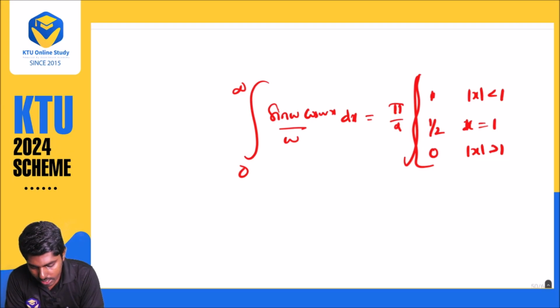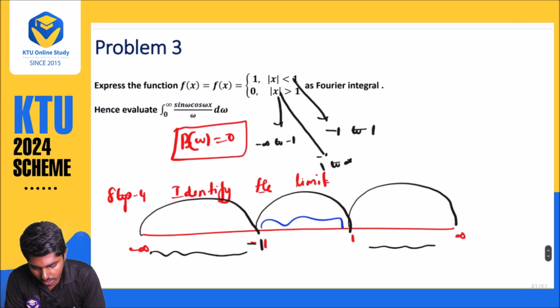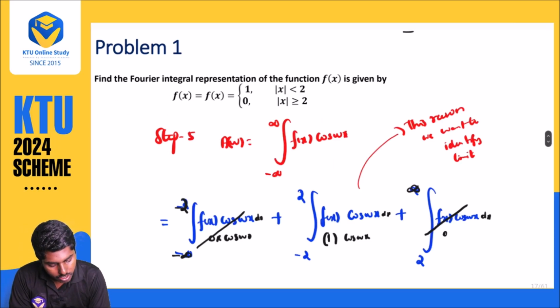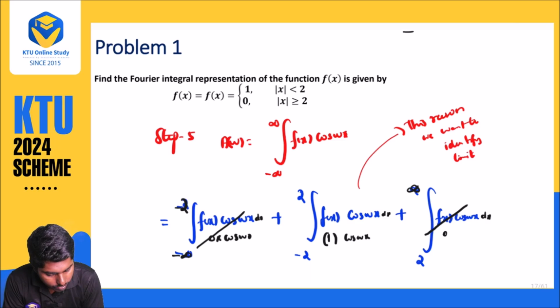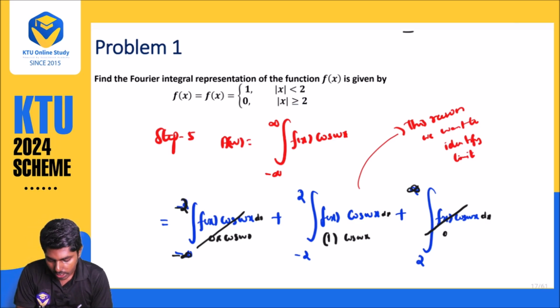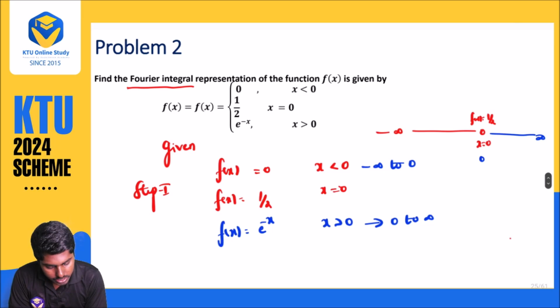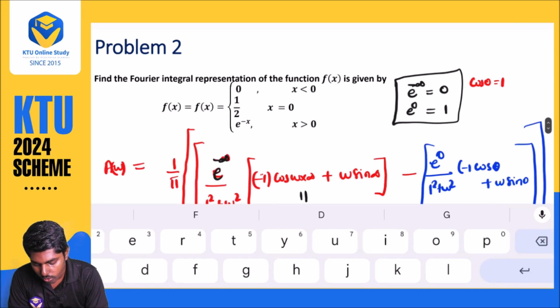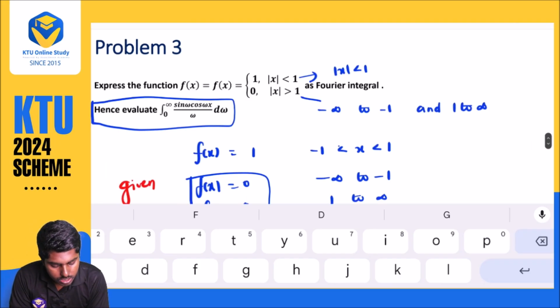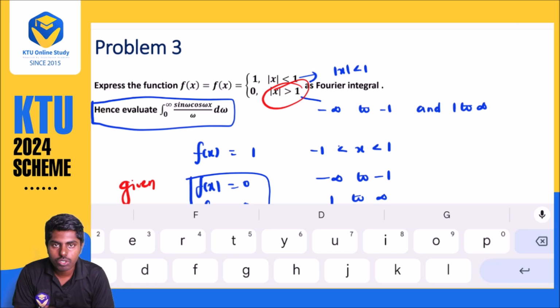Simply, the thing we wanted to identify here is x is equal to 1. In the first sum they never asked for equality, in the second sum they gave the x value, but in the third sum they never included x is equal to 1.